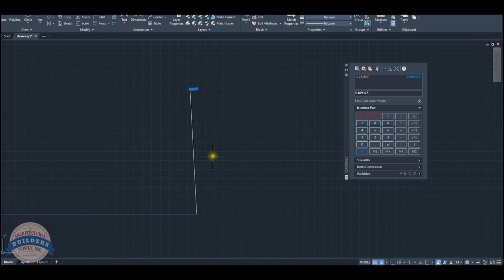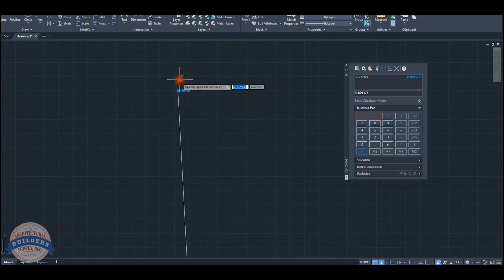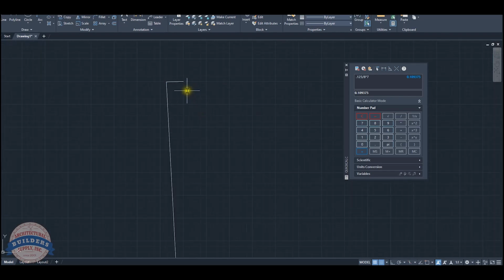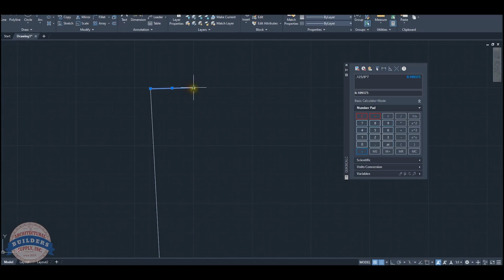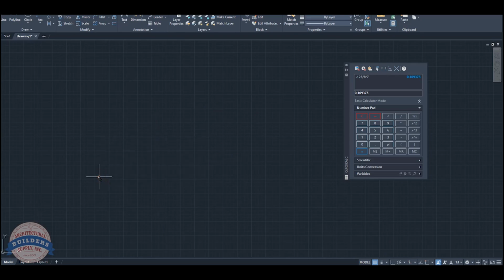Now, we've got a 3/32 line. And what's happening here is I had the snap on, so it was taking the line in a direction that I did not want.